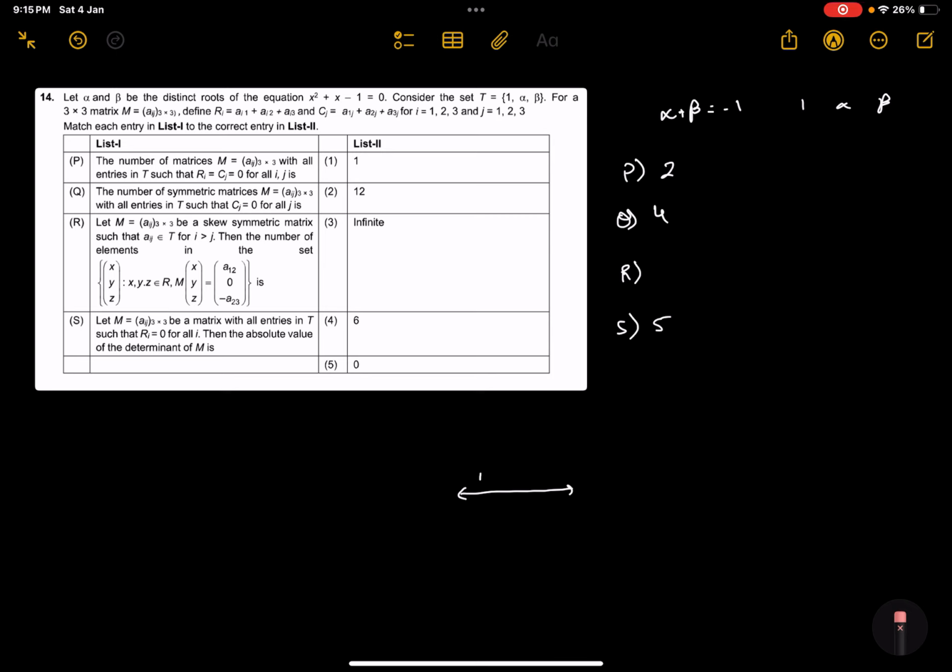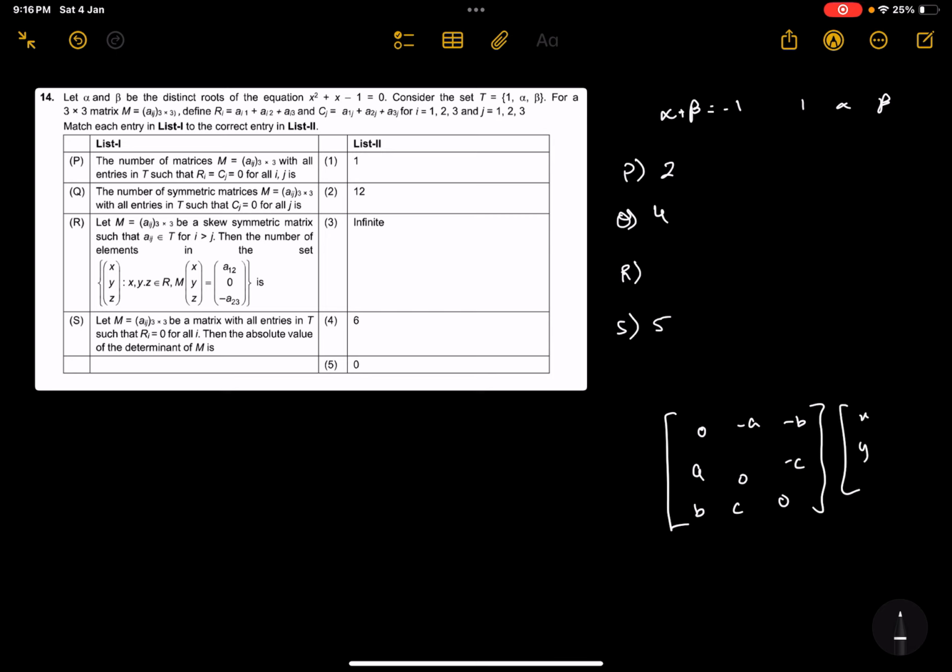Now let's see the option R. Let it be a skew symmetric matrix. Let's say M is 0, A, B, minus A, 0, C, minus B, minus C, 0, and we are given that A, B and C are from T. So there must be one each of 1, alpha, beta.